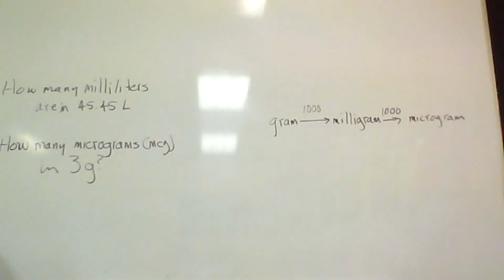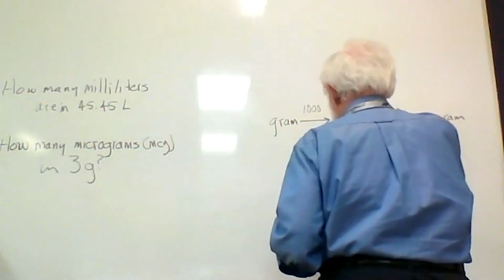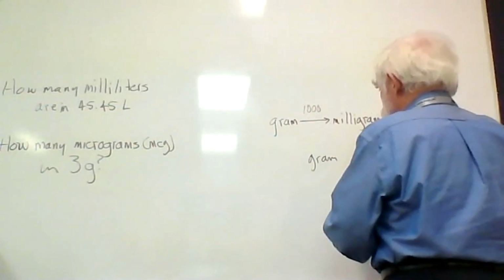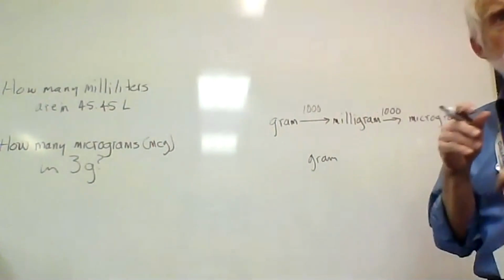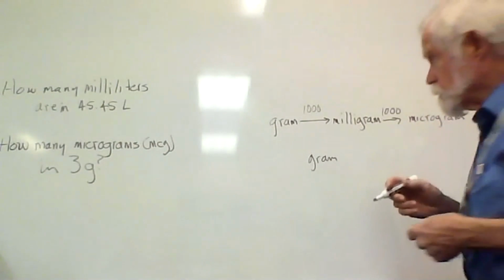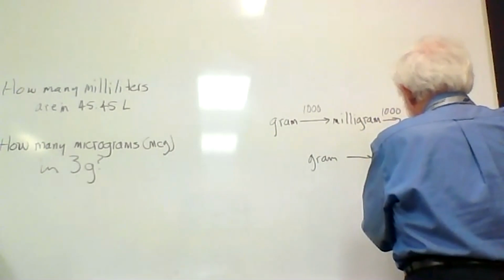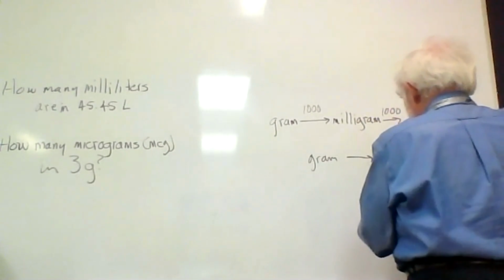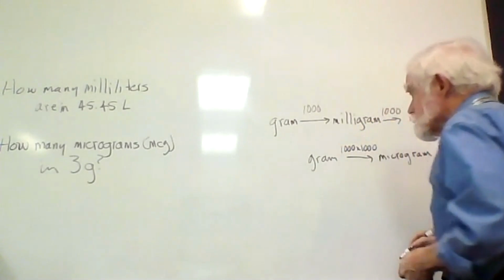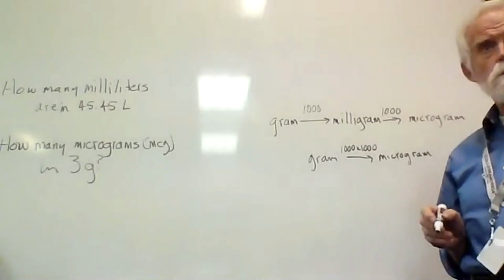So in this case, we've got gram. We can set it up as several things, but we're going to do it in 2 steps to make it perhaps a little bit more obvious. So we have gram to microgram, and the factor is 1,000 times 1,000 because we're crossing 2 of these arrows.